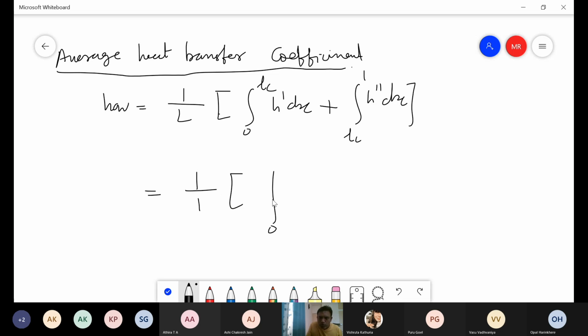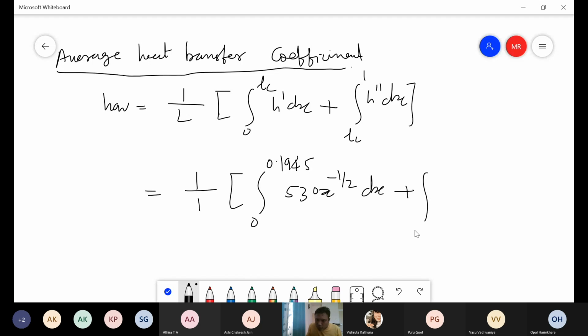This is 0 to Lc, that is 0.1945, h' we have already obtained, that is 530 x raised to the power minus 1/2 dx, plus 0.1945 to 1, and h'' we have obtained as 3958 x raised to the power minus 1/5 dx, and we can solve both these integrals.